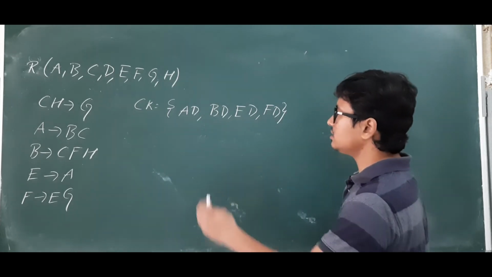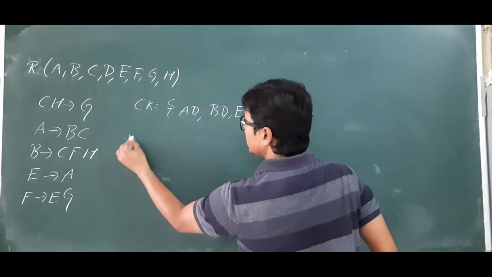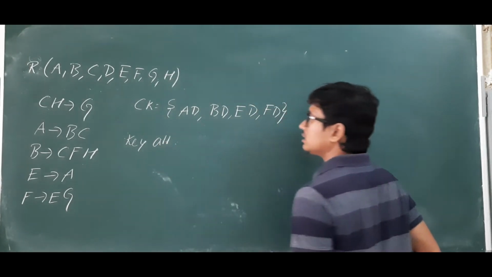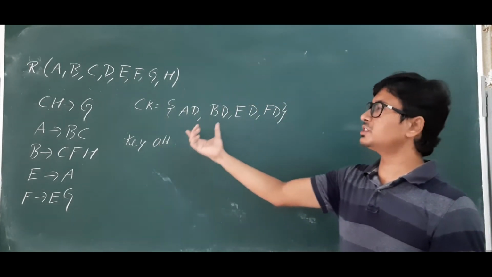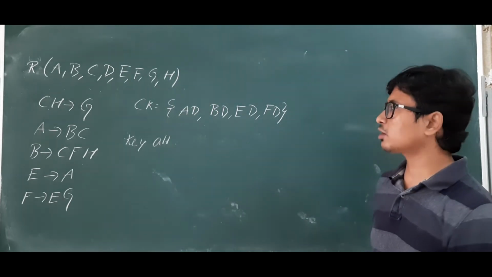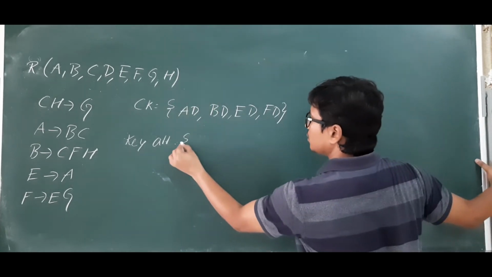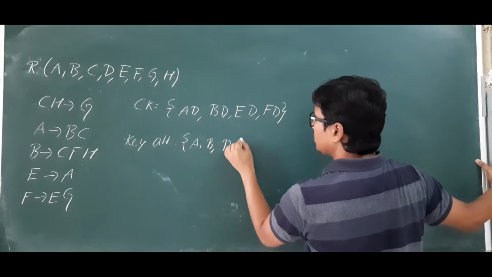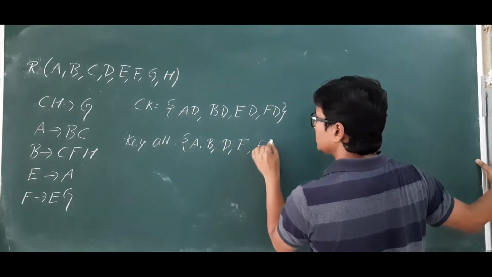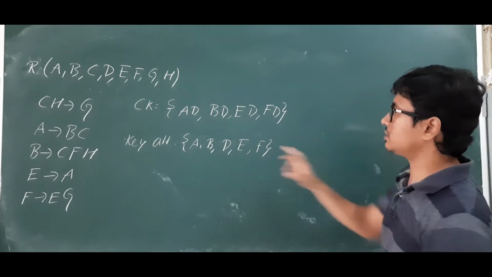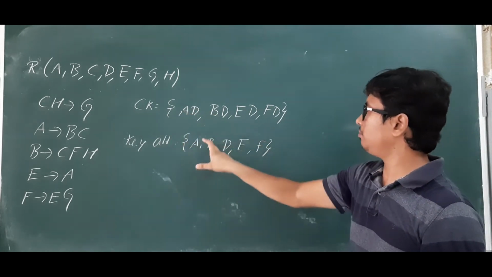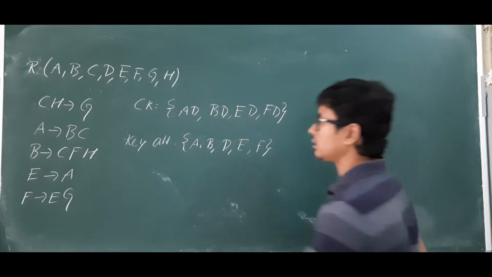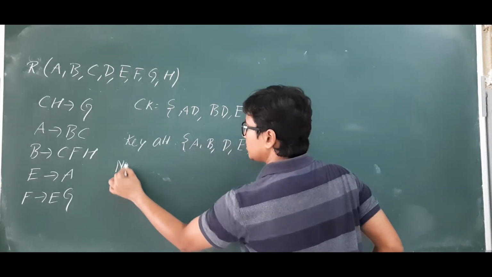Now once they have given the candidate key, it is very easy for us to identify the key attributes. What are the key attributes? The attributes which are there in the candidate key are called the key attributes. So A, B, D, E, F are the key attributes.